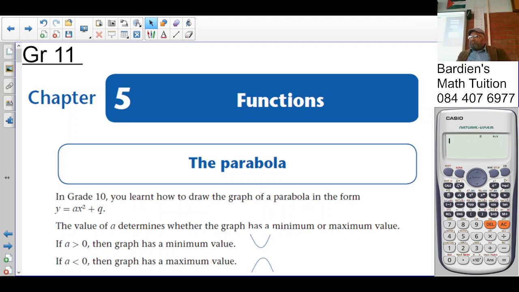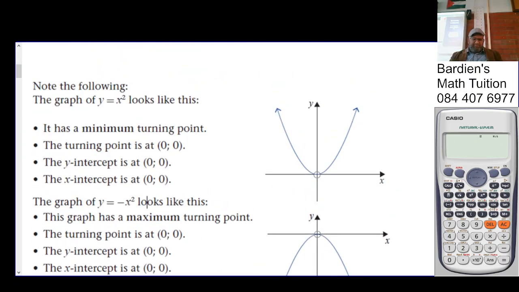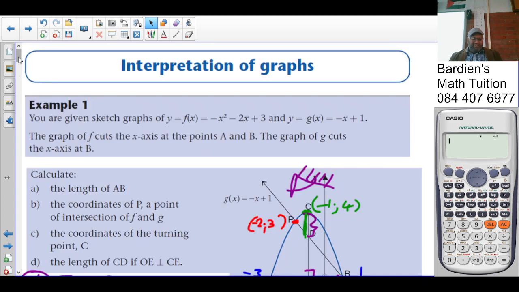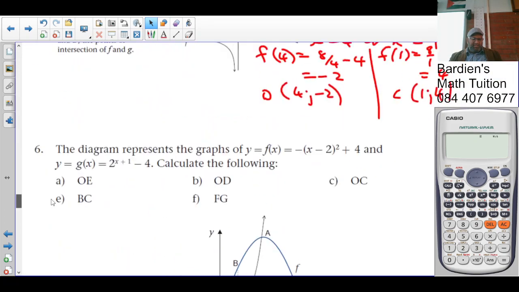Right, we were busy with functions. We're wrapping this chapter up, no? We had exercise 5.21. What did you have to do out of 5.21? 6 to 8. Have I cut it already? Yes.